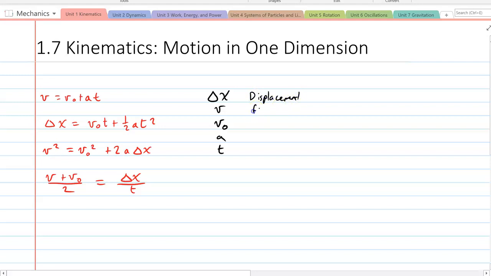This is final velocity, initial velocity, acceleration, and time. And usually these are the units: meters, meters per second, meters per second, meters per second squared, and seconds, usually. So what we want to do is keep track of these and make a table.